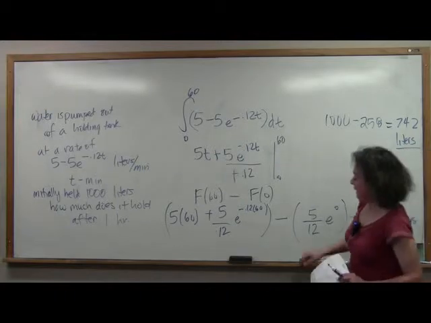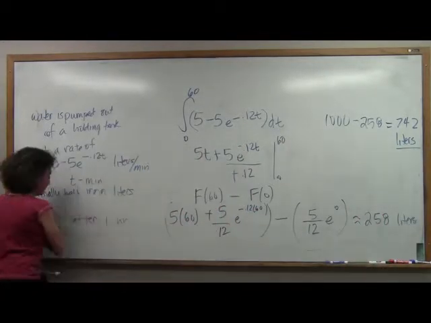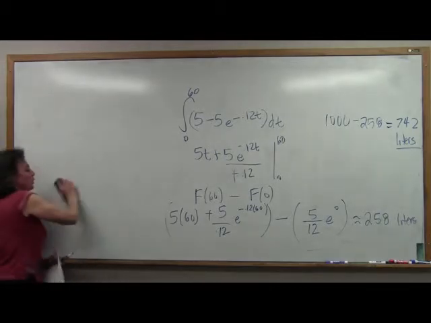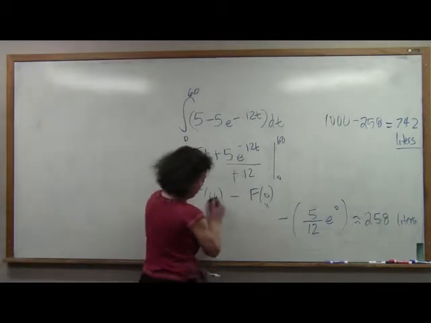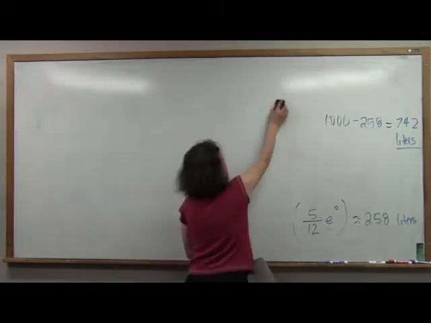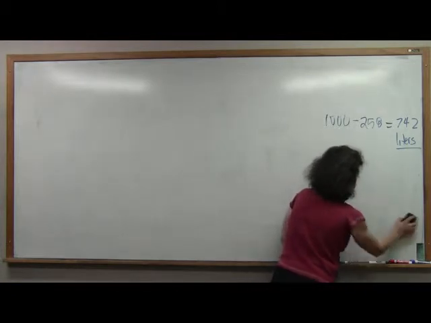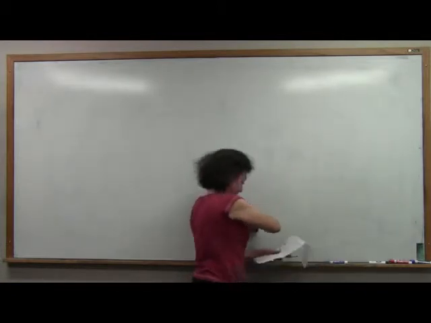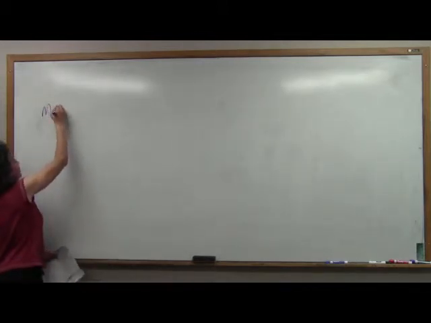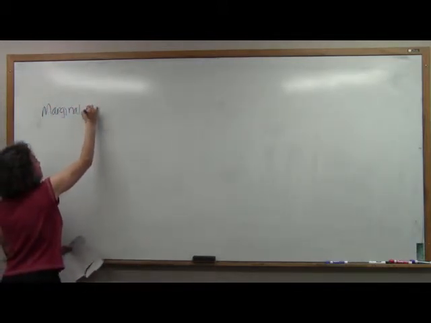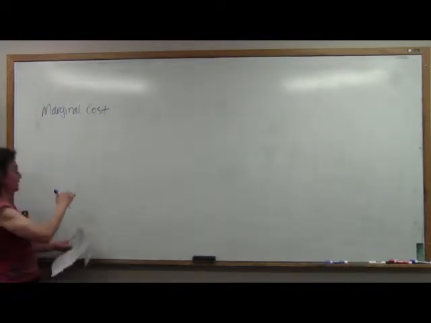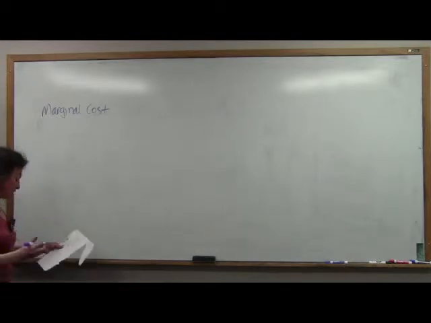Now, another way that we can look at this is in terms of looking at things like marginal cost and our cost function. So I'd like to do an example of that. Okay, when we talk about marginal cost, it's the rate of change of your cost function.